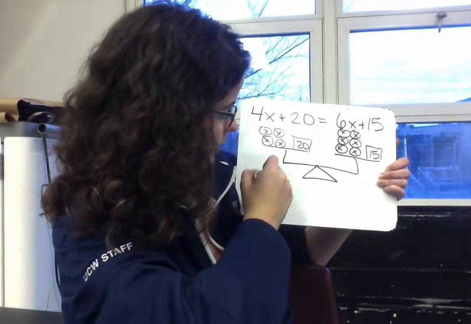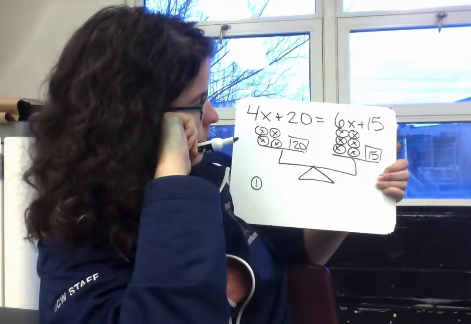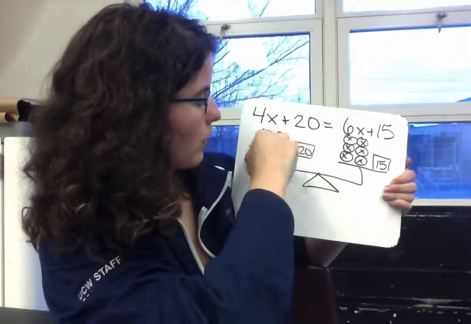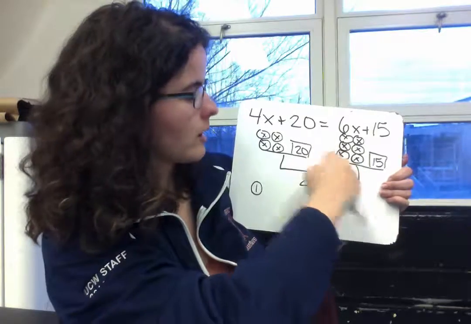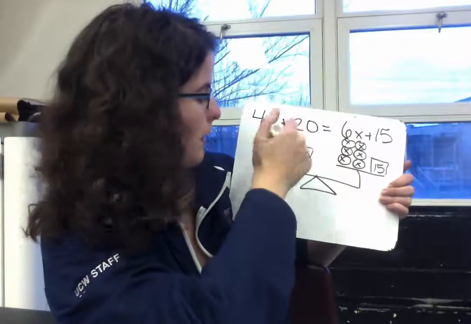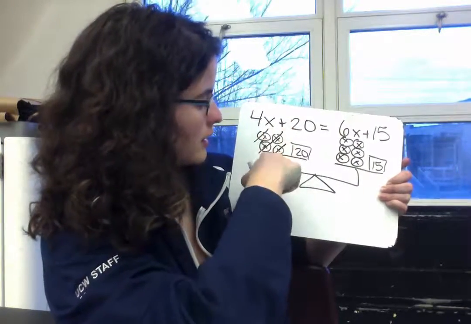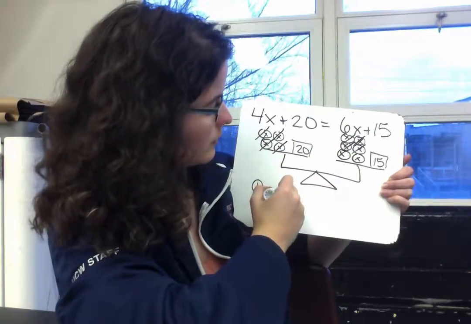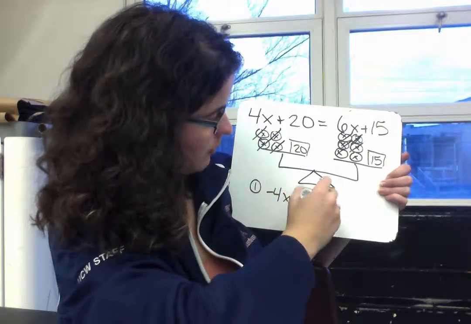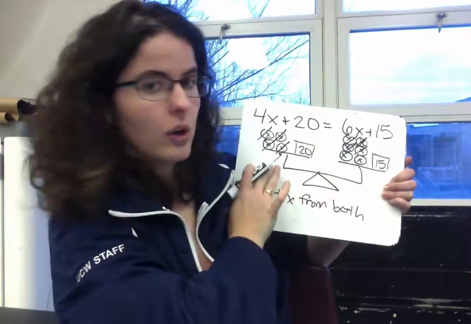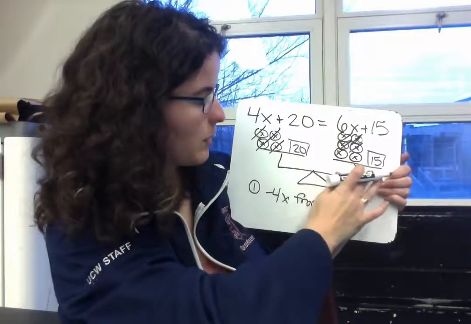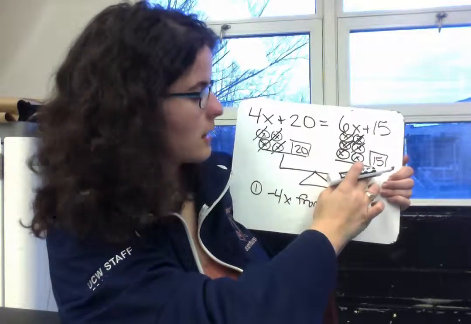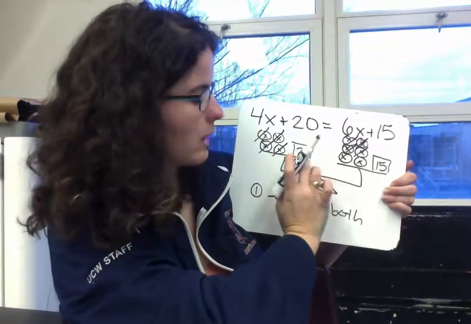What do I see if I'm trying to get x by itself? Well, looking at what I could take off of both sides, I know that I could take only 4 x's off. Since this one has more, this is my limiting factor here. So I can take 4 x's off on this side. Got to keep it balanced, so I would do the same over here. Now I've gotten rid of all my x's on this side, so let's focus on the pennies. 15 is my limiting factor, because I don't have any more than that while I have 20 here.